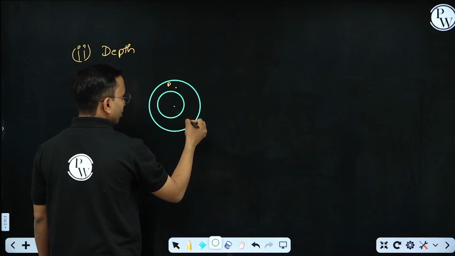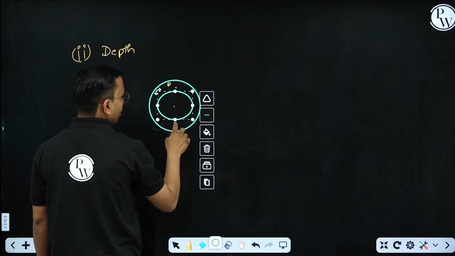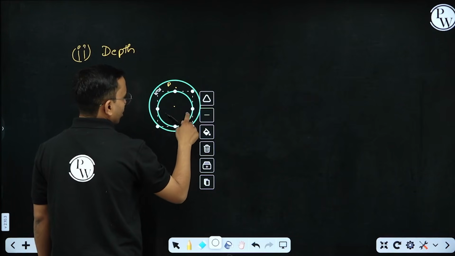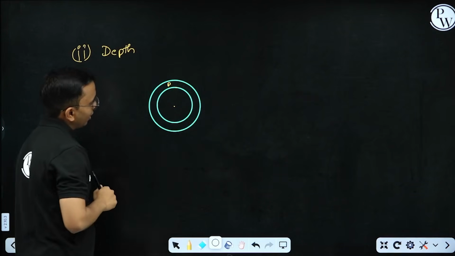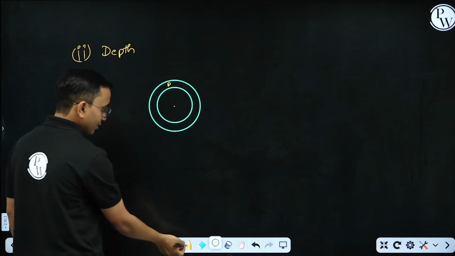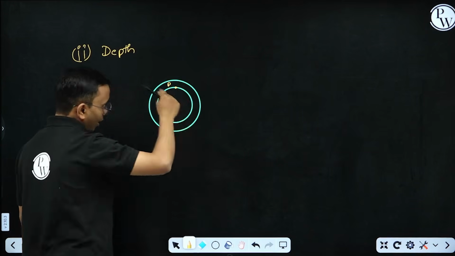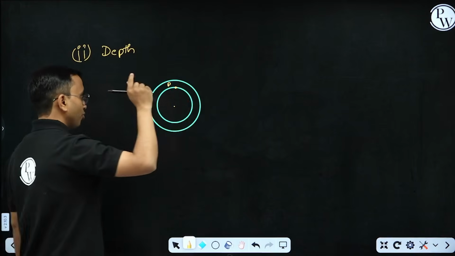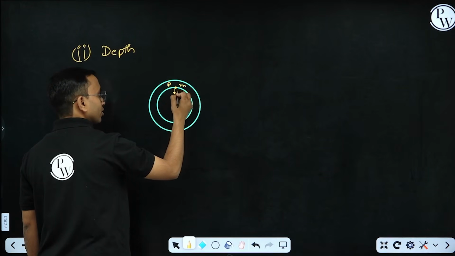You made a tunnel. I am putting the point mass m there, and I want to find how much will be the force in this case.